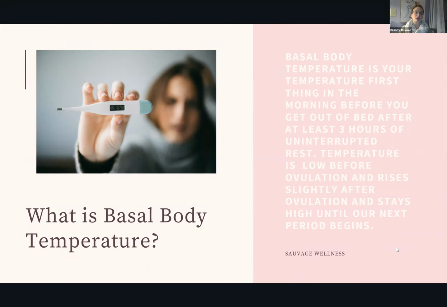And as Audrey was talking about, I do talk a lot about histamine and estrogen. Histamine, the same thing that causes seasonal allergies, rashes, and allergic reactions, is influenced by estrogen. So the more estrogen we have, the more histamine we'll have. And conversely, the more histamine we have, the more estrogen we have.